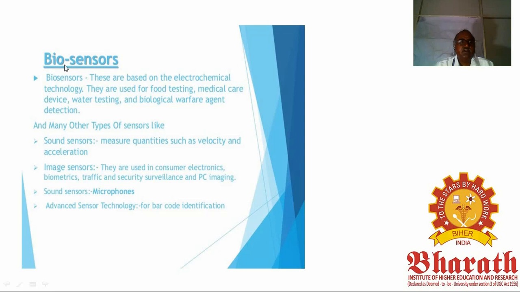Biosensors, coming under the classification of the image sensor, can be used for normal attendance, that is biometrics, or traffic and security surveillance, which can also be made effective by using these sensors. Many a time microphones also employ these biosensors. Of course, there is an advanced sensor technology.